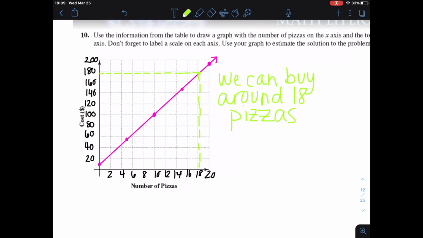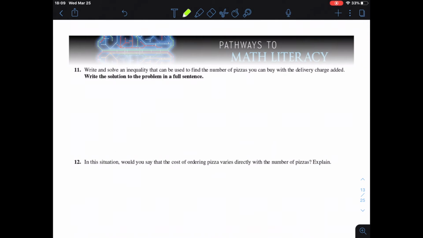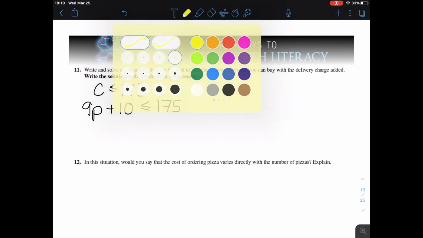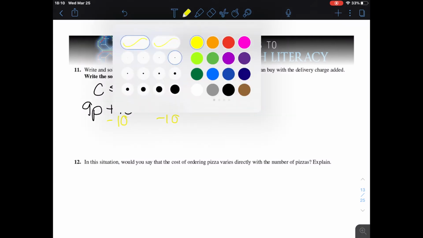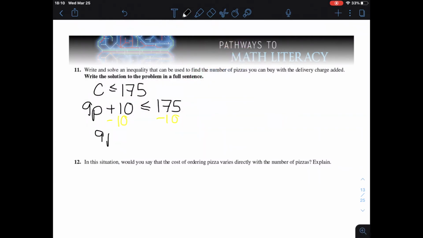Okay. So now let's actually go through and solve this. We'll write an inequality and then explain what that means after solving it. So the cost is still at most $175. But the cost is now 9 times the number of pizzas plus $10 for that delivery fee. So this is at most $175. So if we want to solve this, we've got to first isolate that variable by subtracting the 10.